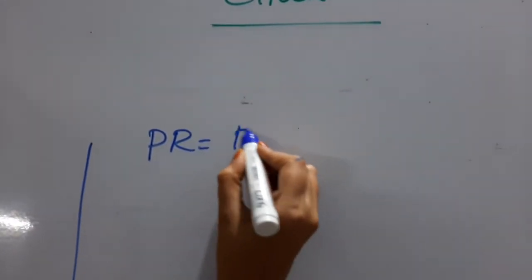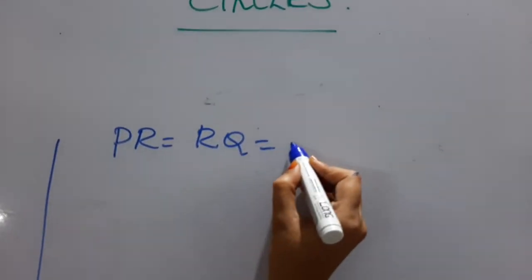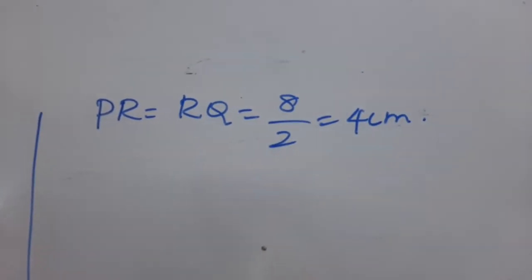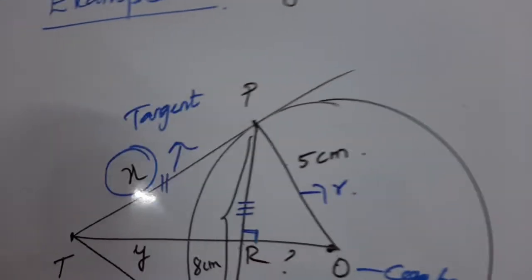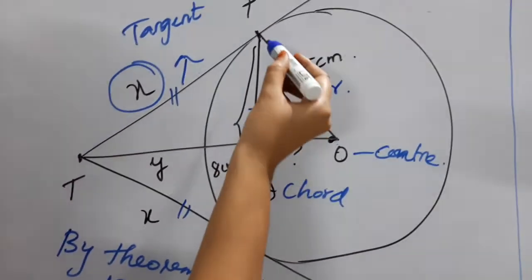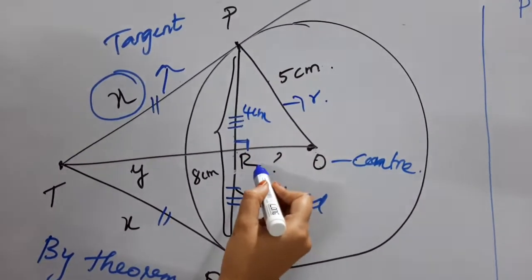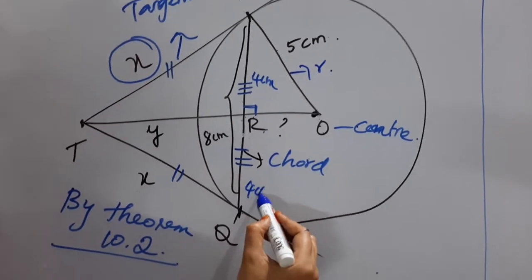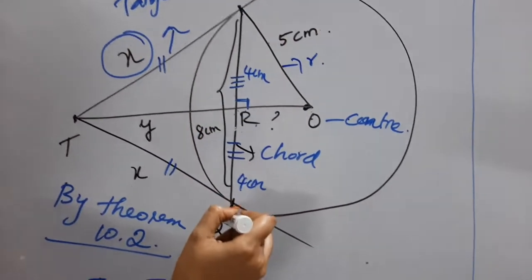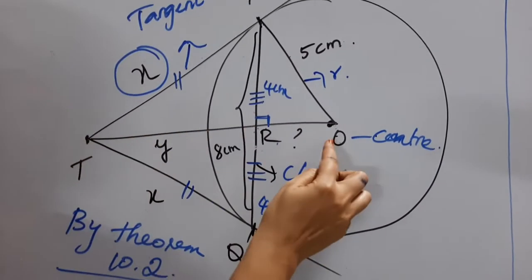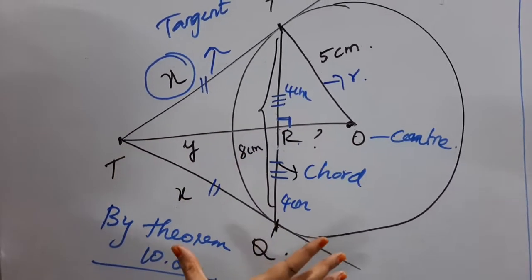PR is equal to RQ is equal to 8 by 2, which is equal to 4 cm. So the chord here is divided equally by the perpendicular OR. So the value of PR is 4 cm and the value of QR is 4 cm. What is the total value of the chord PQ? That is 8 cm.